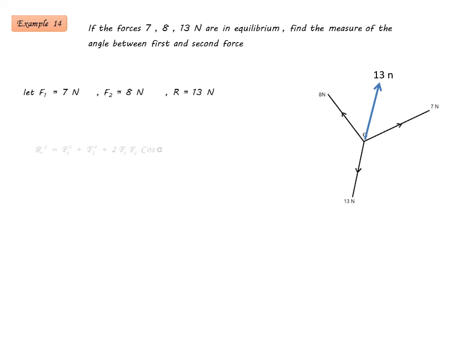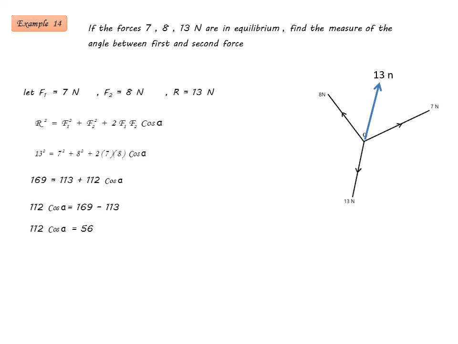Apply the rule of the resultant of two forces: R squared equals F1 squared plus F2 squared plus 2 F1 F2 cosine alpha. Substitute: 13 squared equals 7 squared plus 8 squared plus 2 times 7 times 8 cosine alpha. 7 squared plus 8 squared equals 113, so 169 equals 113 plus 112 cosine alpha.